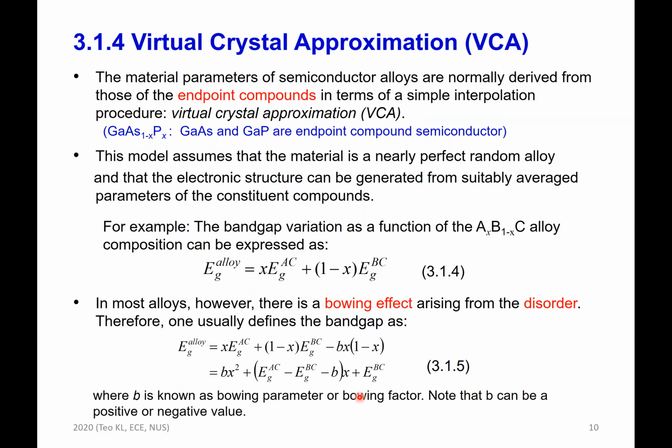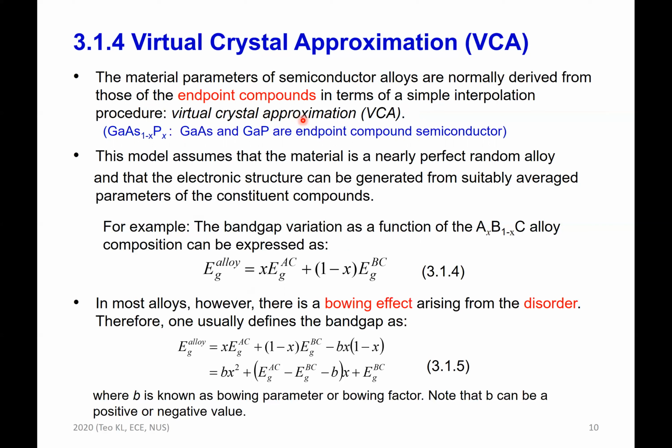Next, we look at how the band gap changes for the alloy, which we call band gap engineering. Again, the material parameters, either the lattice constant or the band gap of the semiconductor, are normally derived from those of the endpoint compounds using a simple interpolation procedure called the virtual crystal approximation.